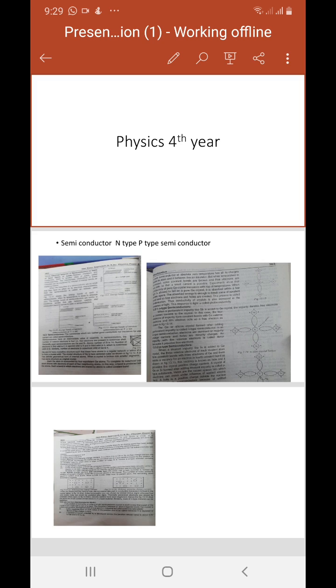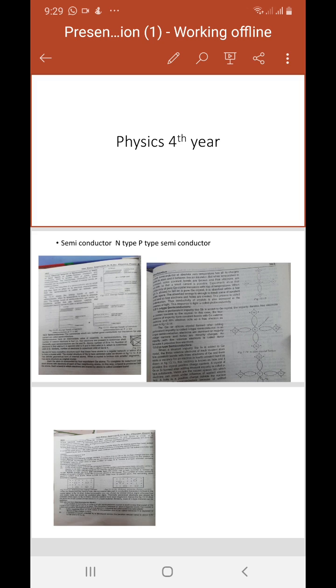An extrinsic semiconductor is one to which some suitable impurity or doping agent has been added, such as in p-type or n-type, where we add a trivalent or pentavalent impurity in the germanium. This is known as the extrinsic semiconductor.